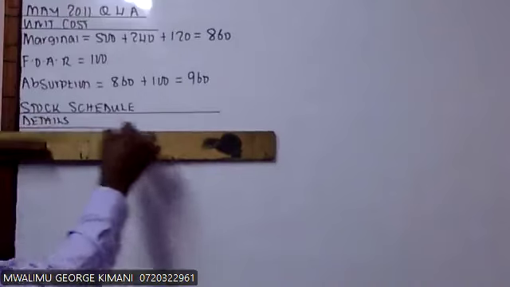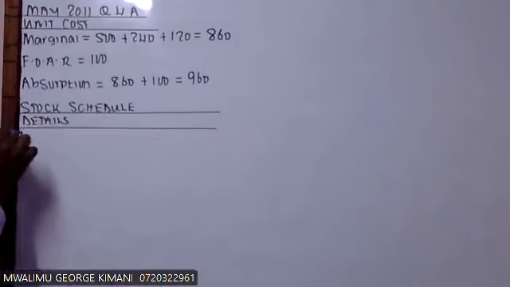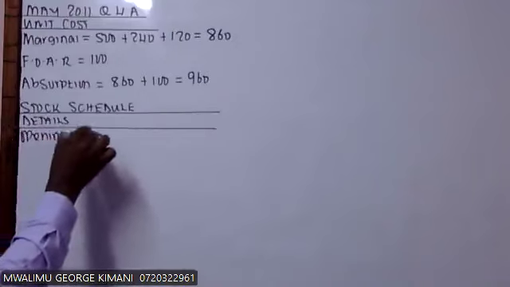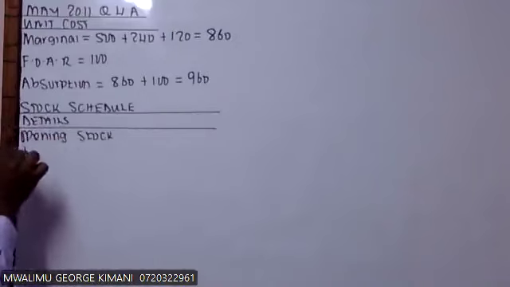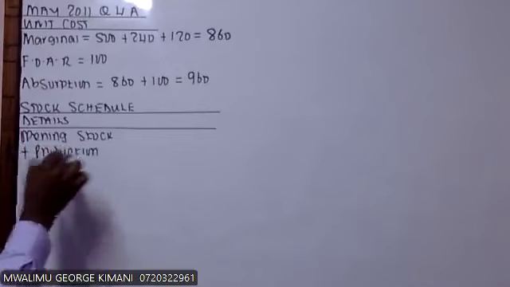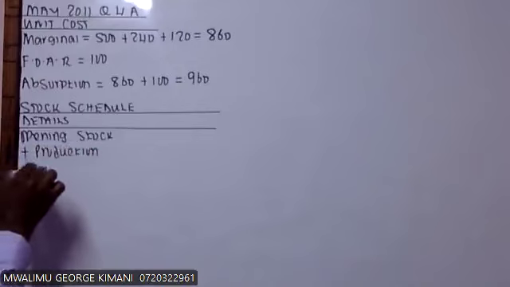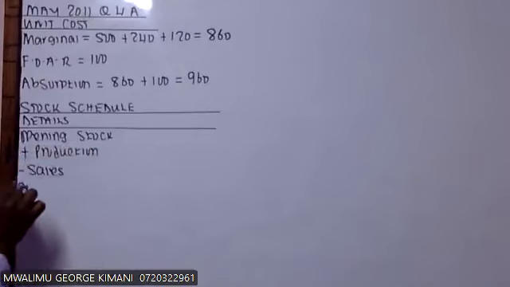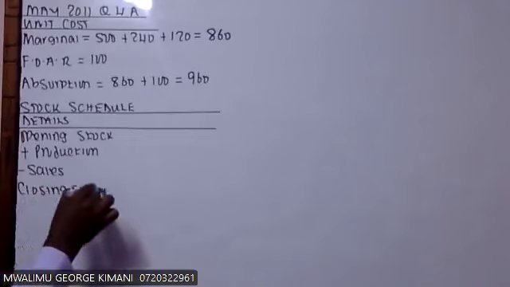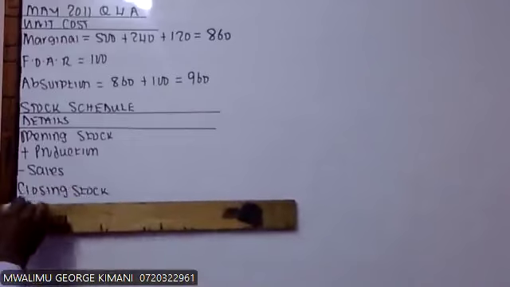Under the details, we begin with opening stock, you add production, you less sales, and you get the closing stock.